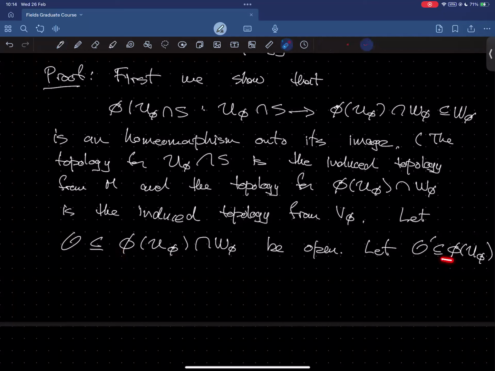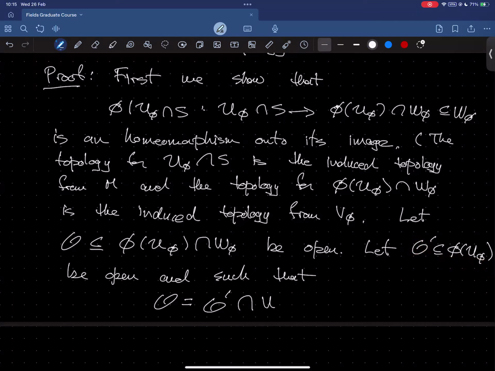Remember, this thing now is open in V. That's the definition of a chart. So I'm going to choose an open subset of this open set, O prime, open, and such that O is equal to O prime intersect W phi. Okay?